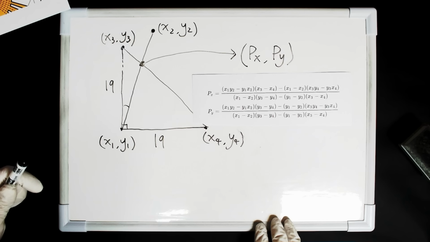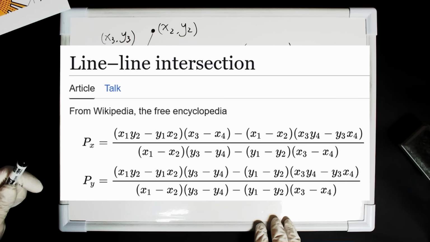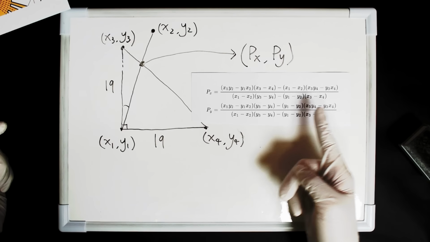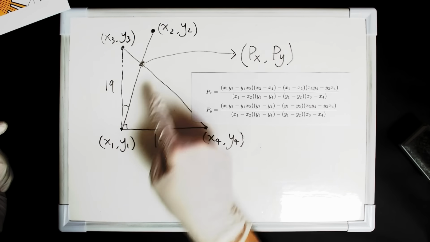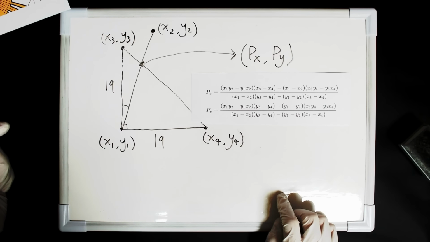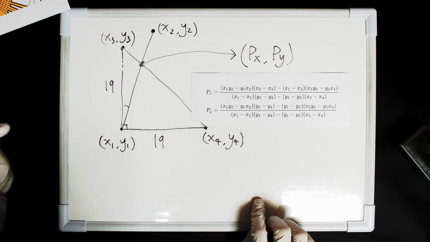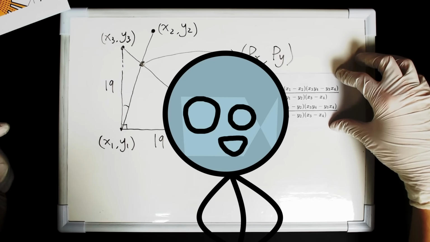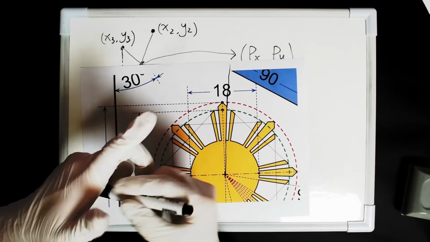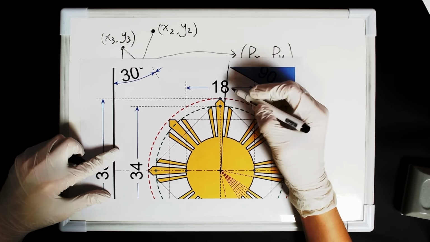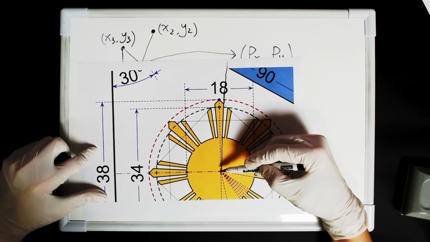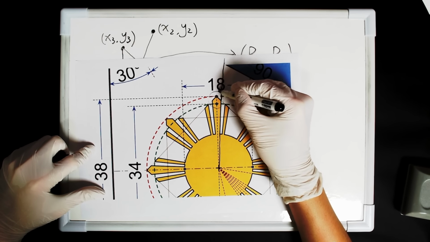I know it looks crazy, but this is a surefire way to get the coordinates of that point. If you look closely, the formula is just made of the numbers x1 to x4 and y1 to y4 and the 4 basic operations. So doing all those calculations is technically possible, and you know, my mission is just to prove that this is doable, not actually do it, so yeah. We know how to get this point, which means we know how to get this line, and this line as well. So this middle ray is cleared.